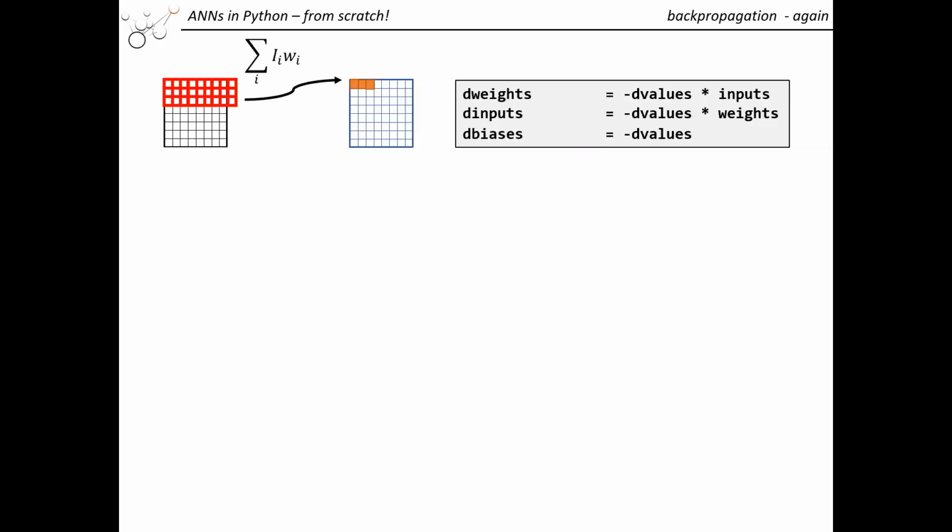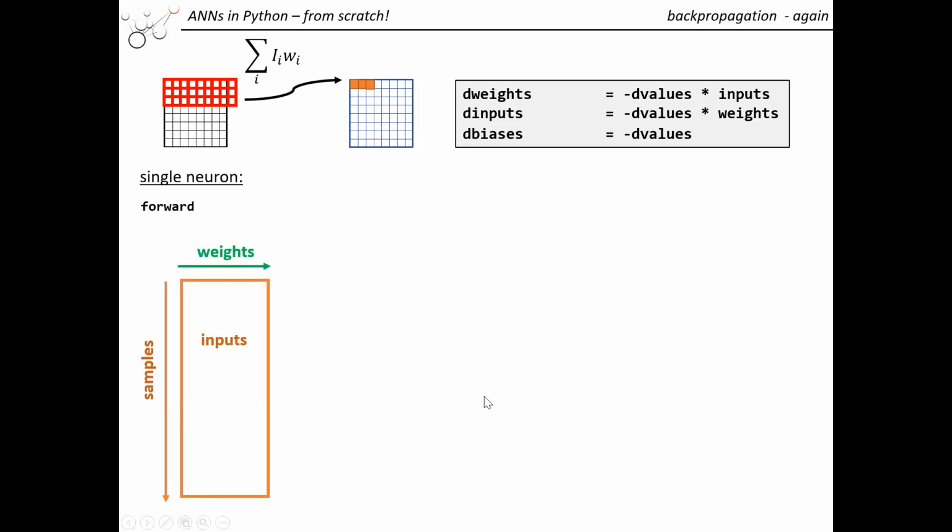So therefore, let's go back again and just remember how a single neuron is applied to a data set in the forward part. So in the data set, we have the samples for each row and the weights for each column. So the columns are representing the different features or dimensions of the data points.